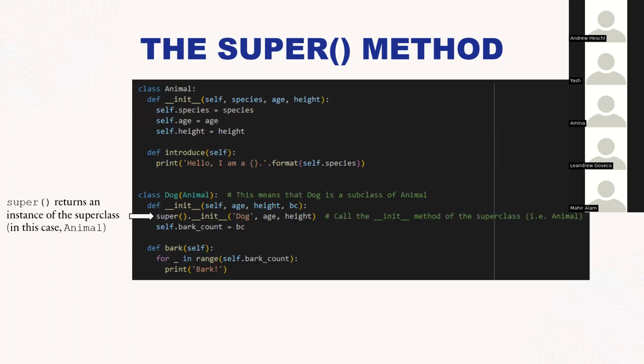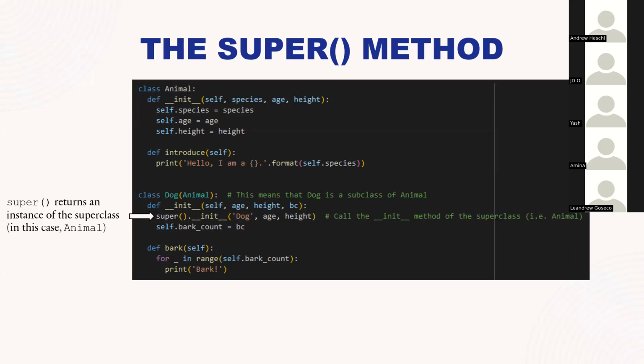So you can think of this super as kind of similar to self, right? Recall that when I instantiate an object of class dog, self refers to this particular dog that I'm initializing.